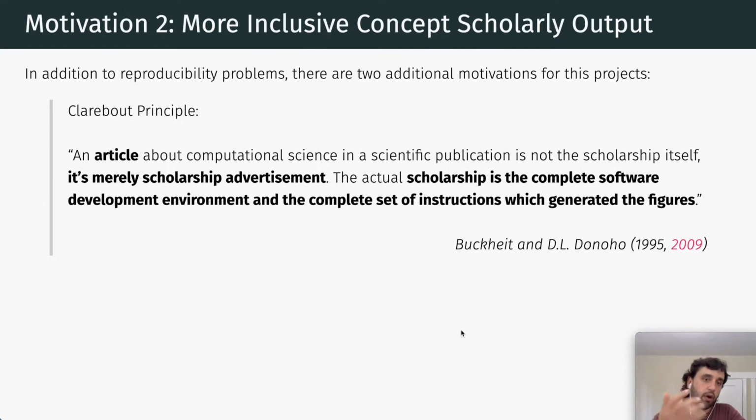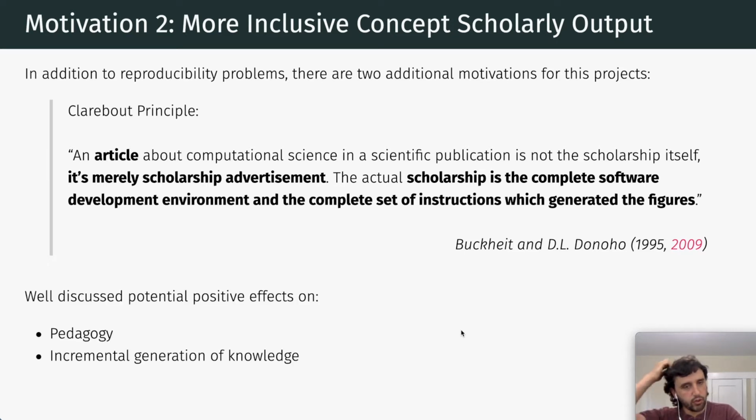We should move away from thinking of the article in itself and think of the article mainly as advertisement, and think that the actual scholarship is the entire software development environment and the complete set of instructions to generate the tables and figures. This principle is usually discussed when talking about the benefits for pedagogy and the benefits of incremental generation of knowledge.